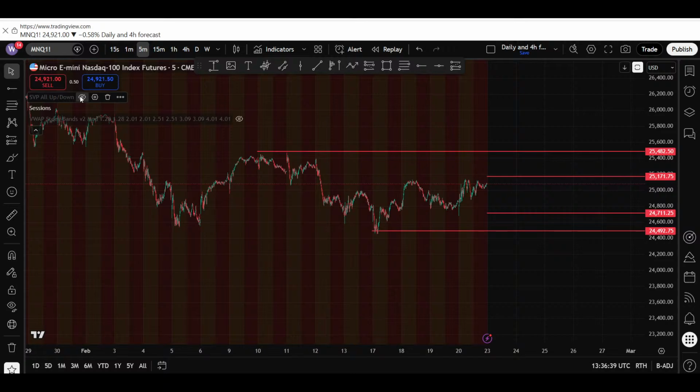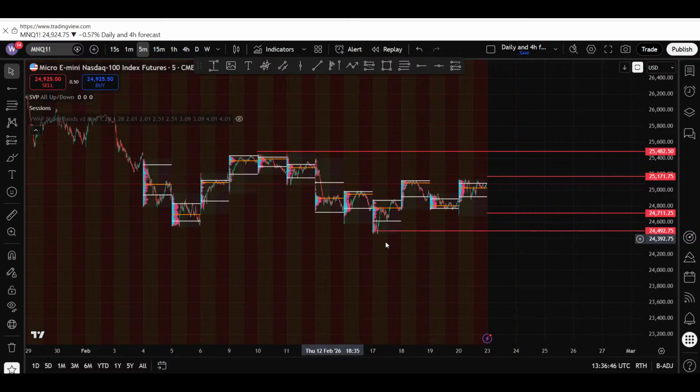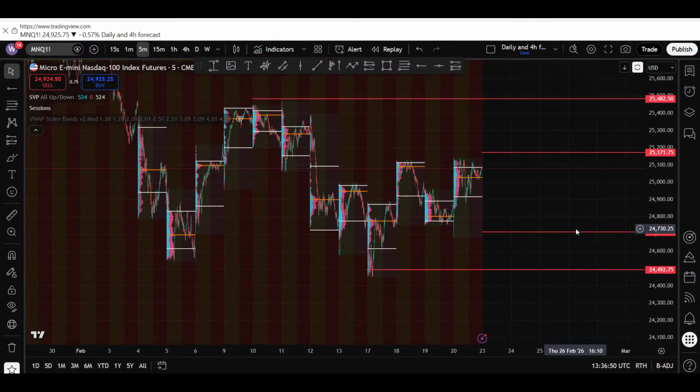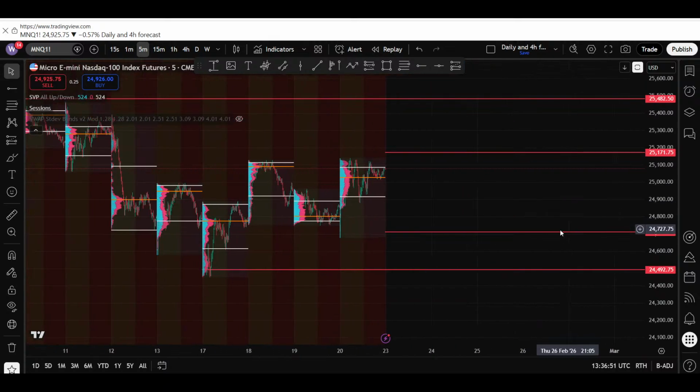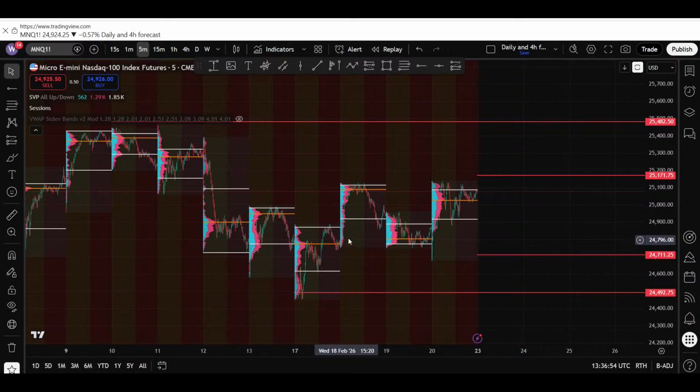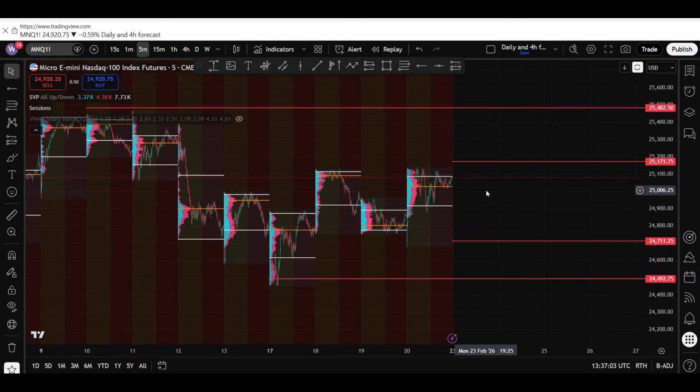You put these session volume profiles on, and you know where the markets accept the value, where the volume is, session by session.